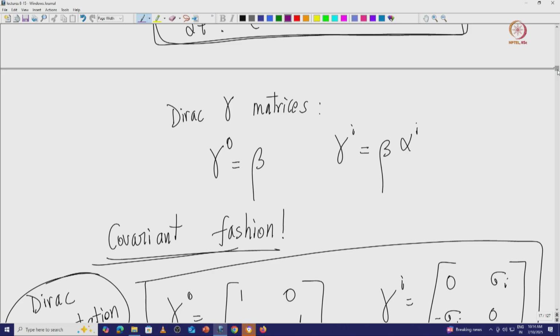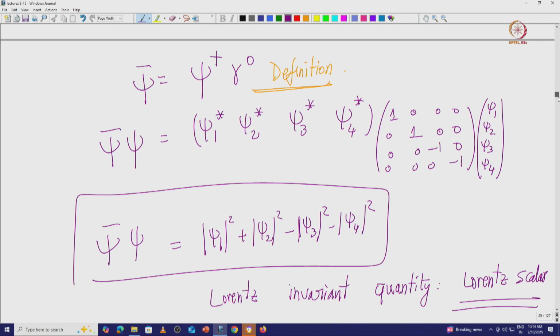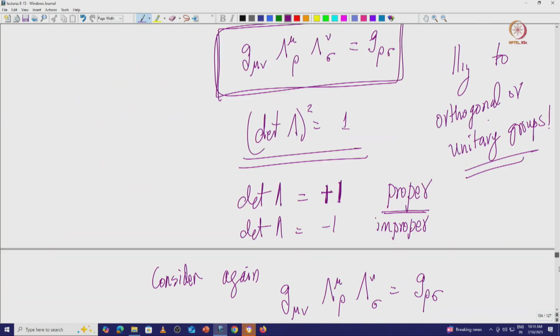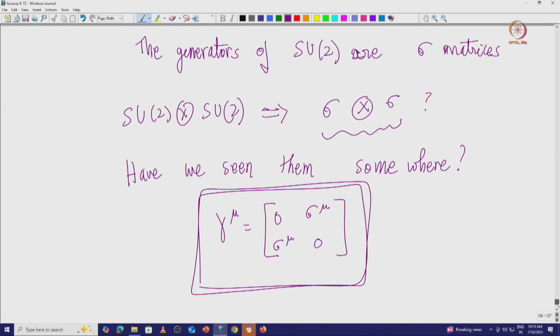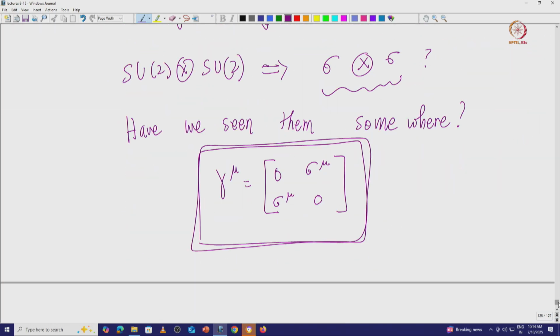So you can represent them in this particular fashion. Let us remember the sigma matrices. I should put it in this particular fashion to be consistent with our notation, and gamma 0 is also there, which is nothing but, let me write it as beta.